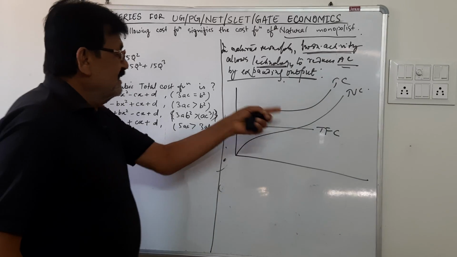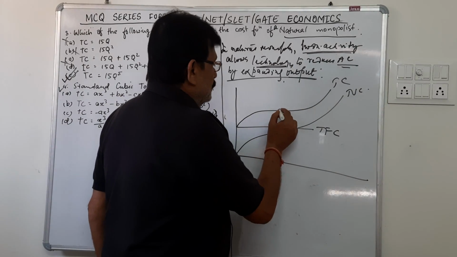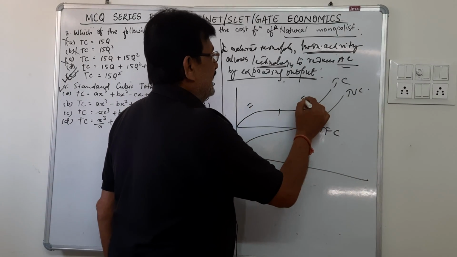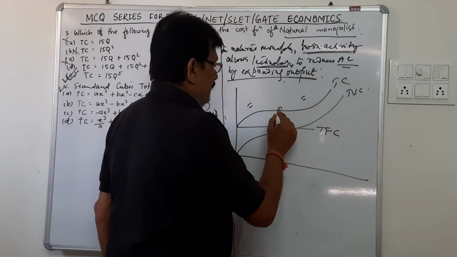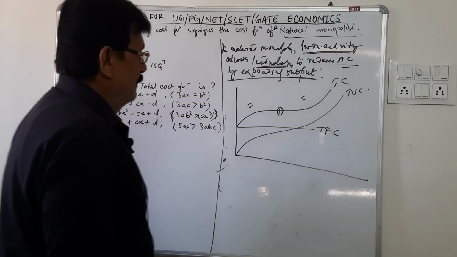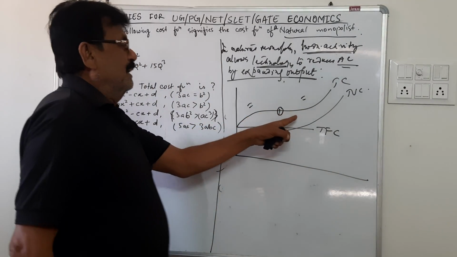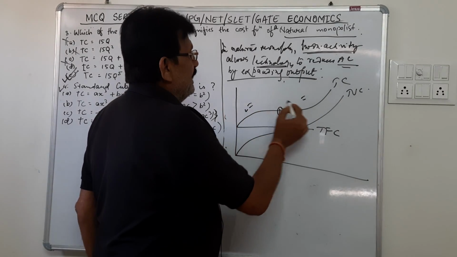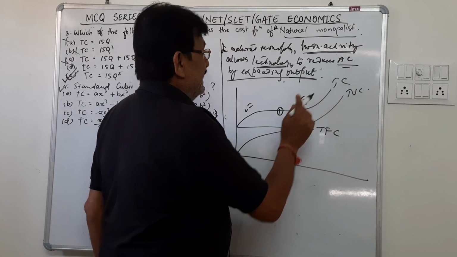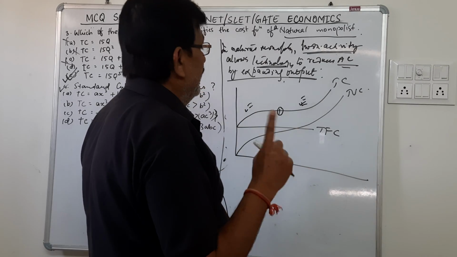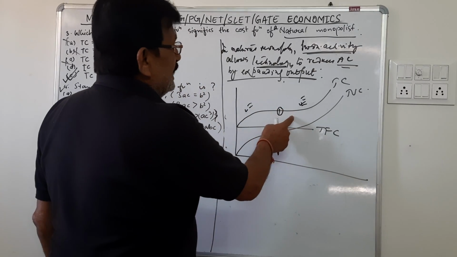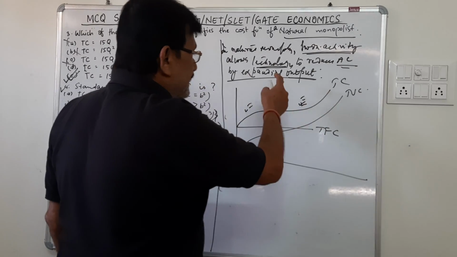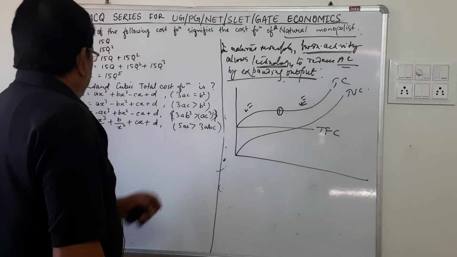Now this total cost function has two parts, concave part and convex part, and this is the point of inflection. Such a curve which has both segments, one concave and another convex, has to be a cubic. So the algebraic function corresponding to this TC would be a cubic function.